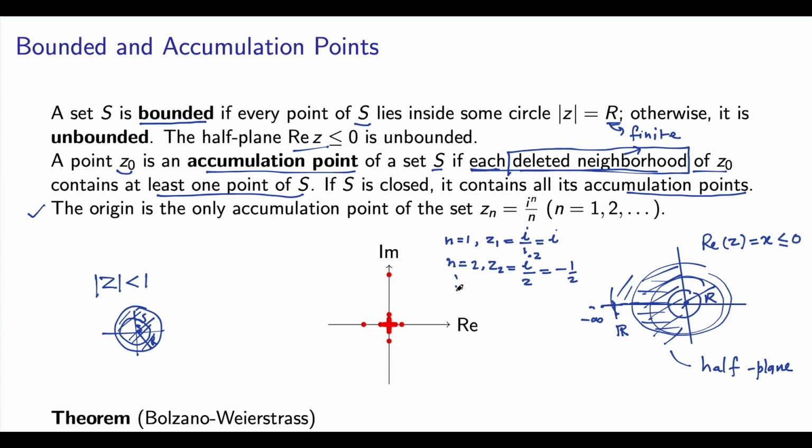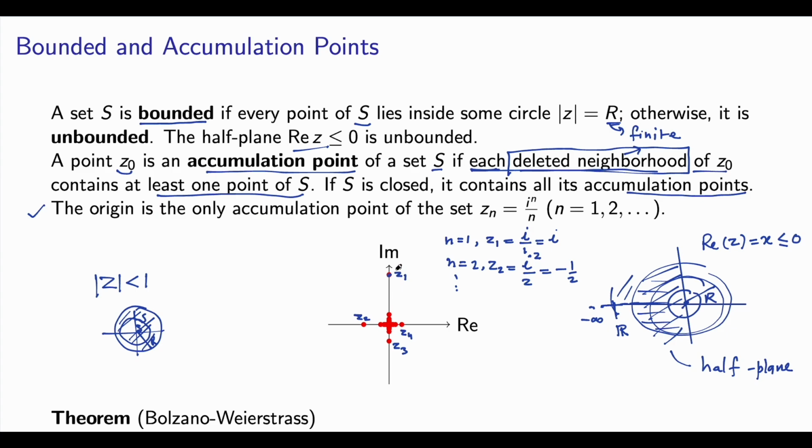Similarly, you can reach for each n. If you see, this is the imaginary axis. So z1, n equal to 2, minus half, so z2 will be here. Similarly z3, z4, and so on. So on all the axes, it is going to be decreasing.